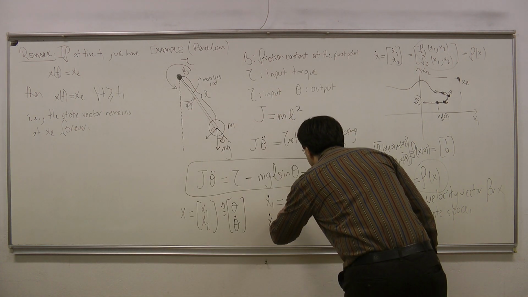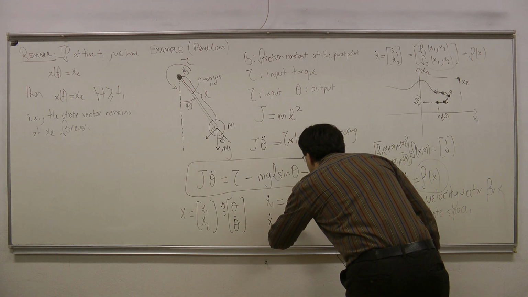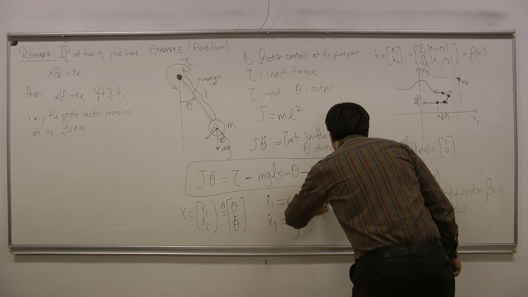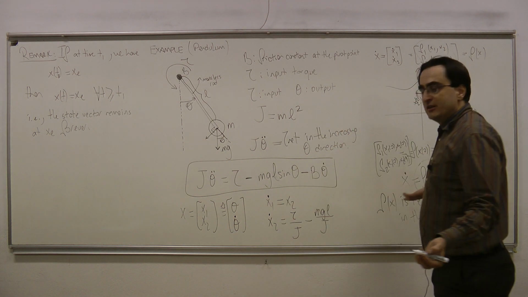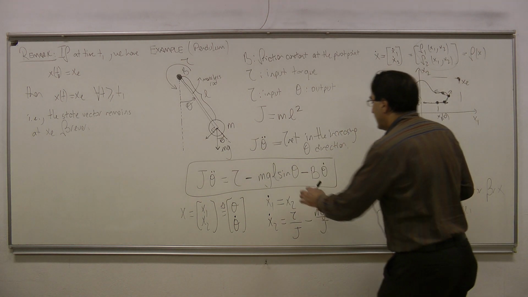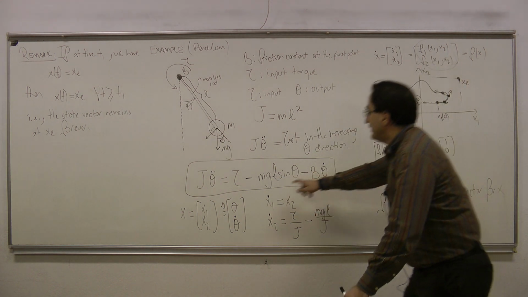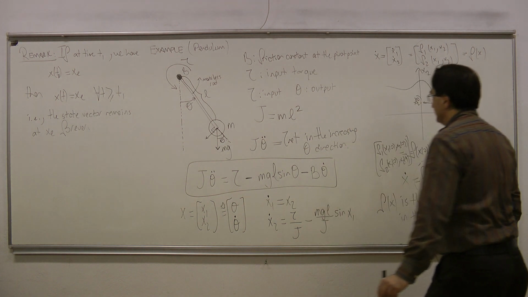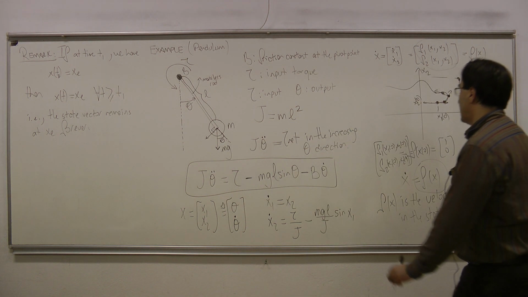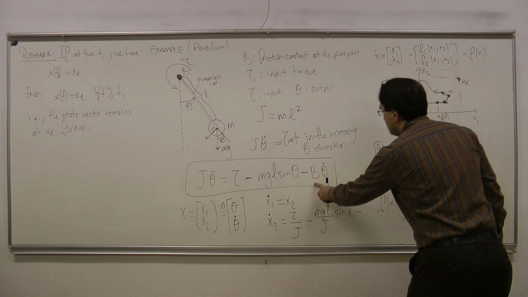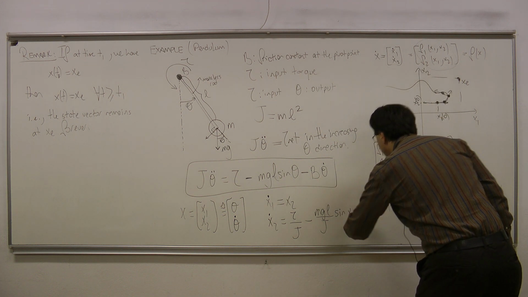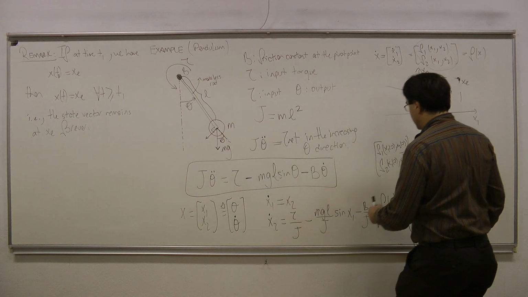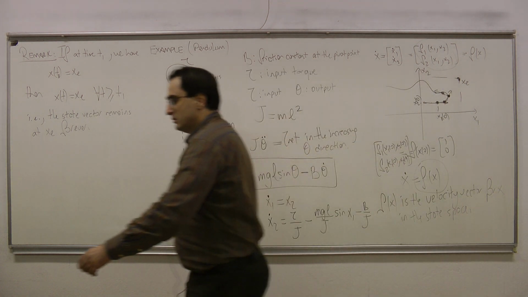So the first thing that I write is tau over J minus mgl over J. These are all constants in the system. And sine theta. Theta is x1, so I have here sine x1. And minus b over J. This J, remember, comes here when I express theta double dot.